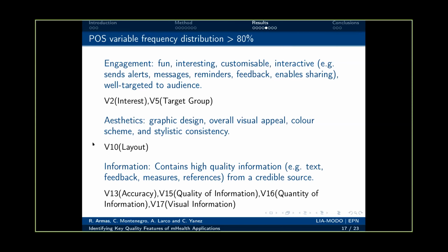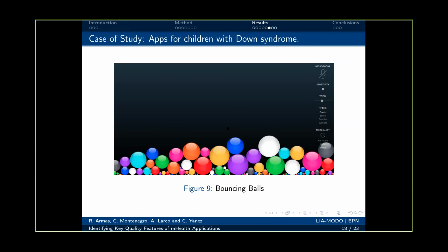So in that way, we can filter from 18 variables to those variables. As a specific example, we chose only 2 applications related with children with Down syndrome, and evaluated the applications according to the variables that we selected.